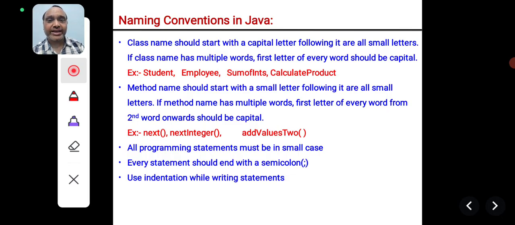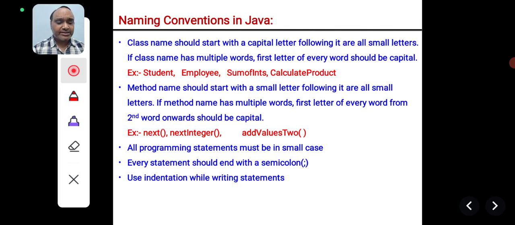If you write any statement in Java in capital letters, it is not identified by the Java compiler, because Java, C and C++ are case sensitive languages, which means they are able to distinguish between small case letters and capital case letters. Therefore all programming statements in Java must be written in small case letters.